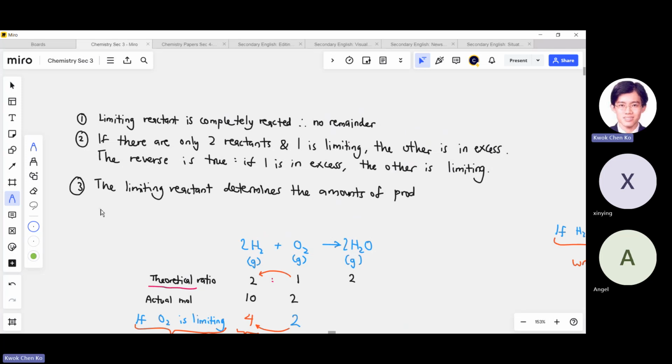This is why I'm so concerned about finding out who is limiting. So at the end of the day, why do you even want to perform a reaction? Most of the time it is to get the product.